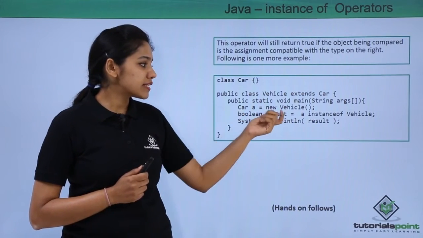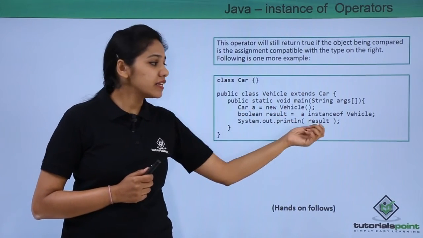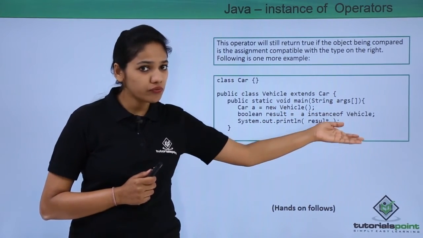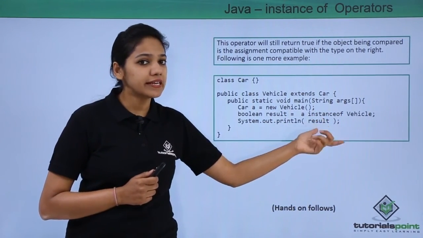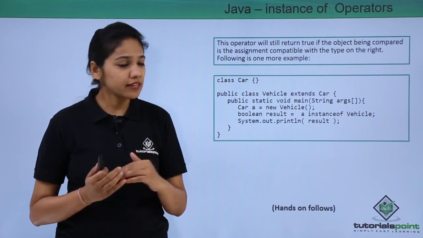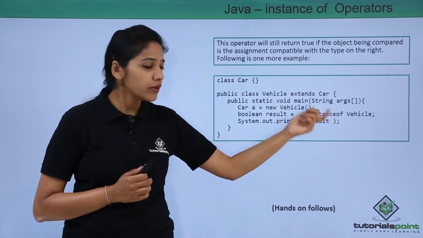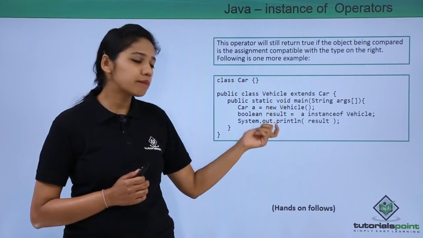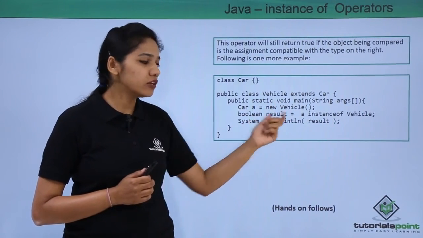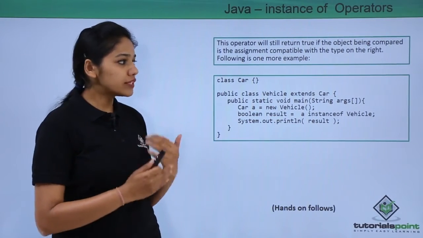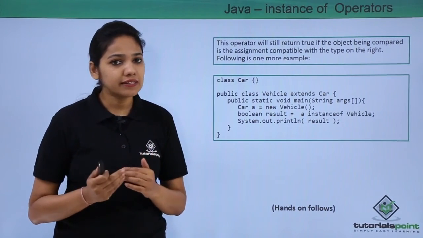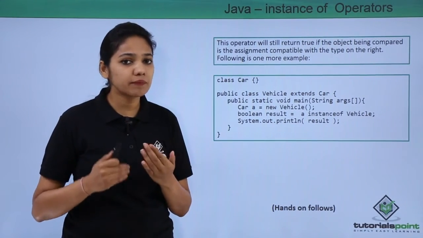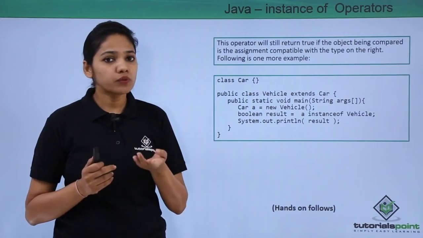Next, our statement says: if A is an instance of vehicle, if car is a type of vehicle. In this case, yes, car is a type of vehicle, therefore the value will be true and that will be stored in result. If it was not, the value would have been stored as false and then printed. Both of these examples we will run practically and see what happens when we write each statement, how it executes, and what the output would be.